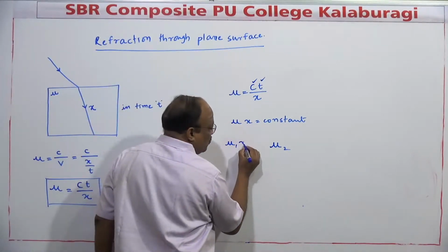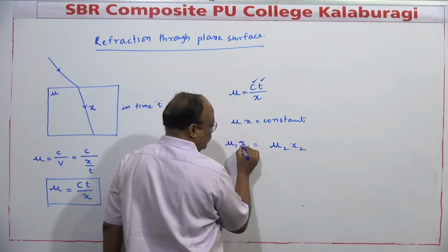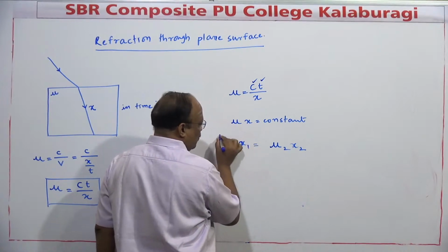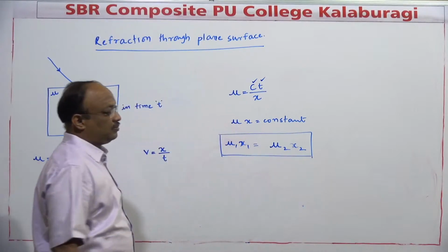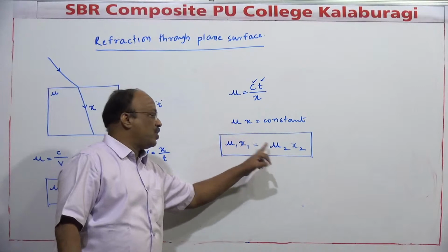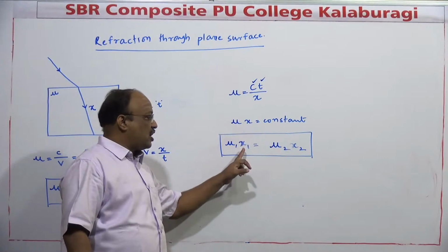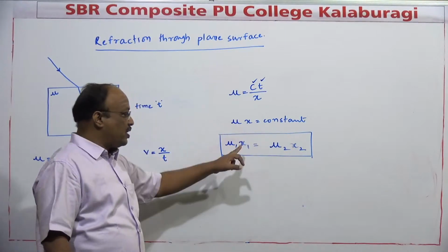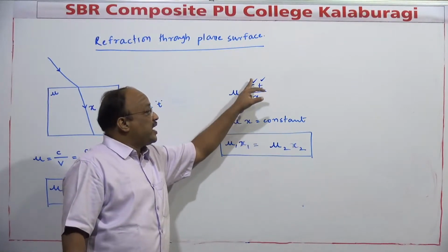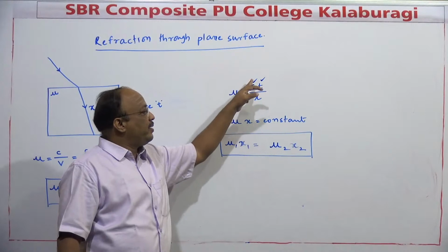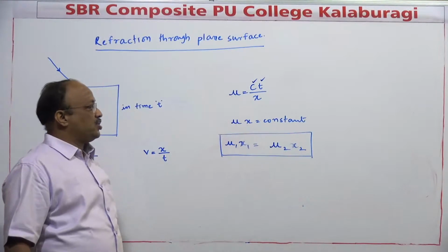It is traveling a distance x1 in the first medium and x2 in the second medium, for the same time duration. So mu1 x1 is equal to mu2 x2.